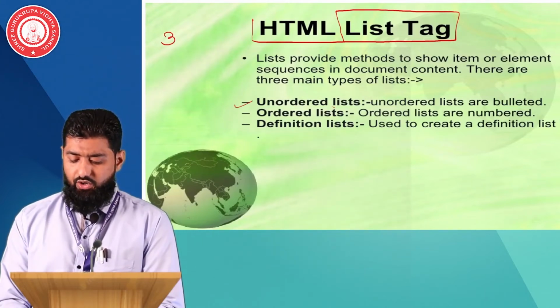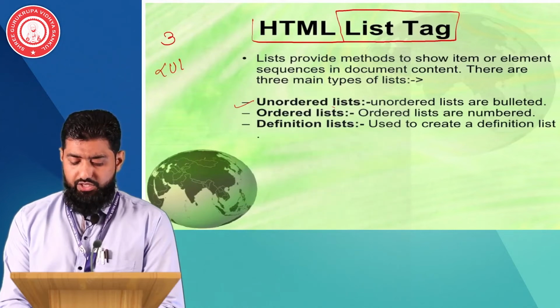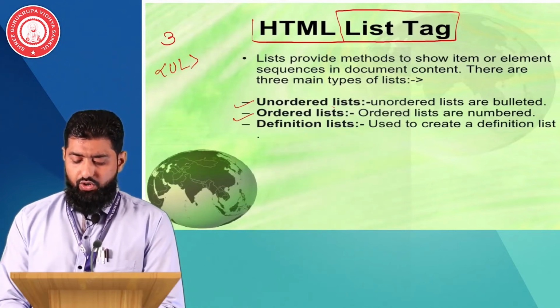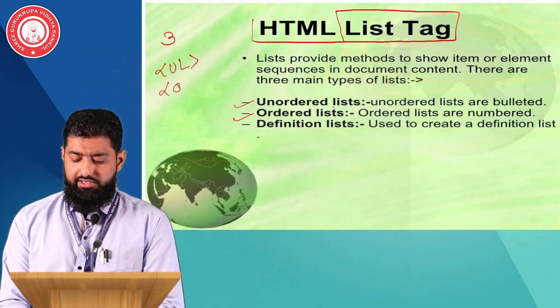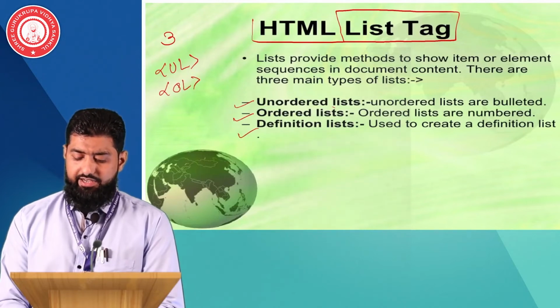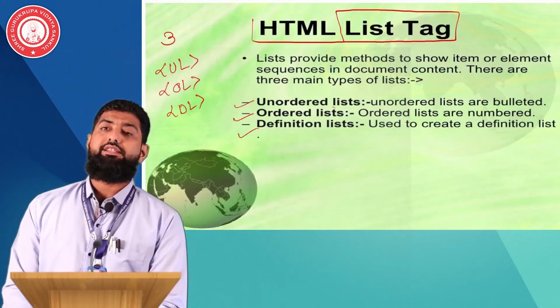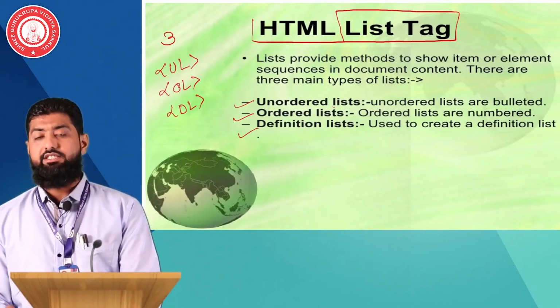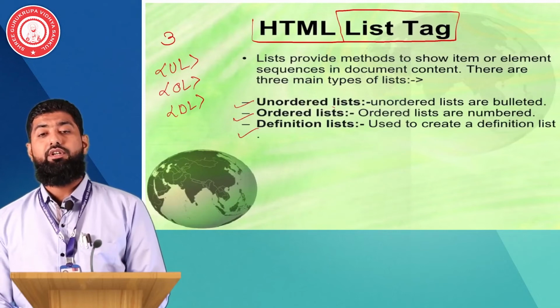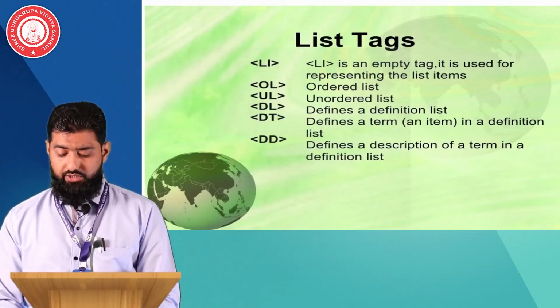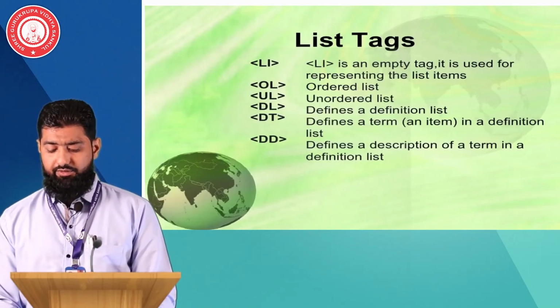One is unordered, that is by UL tag. Second is ordered, that is by OL tag. And third one is definition list, that is by DL. So these three lists are separate or different as per their use. Okay, let's understand one by one.